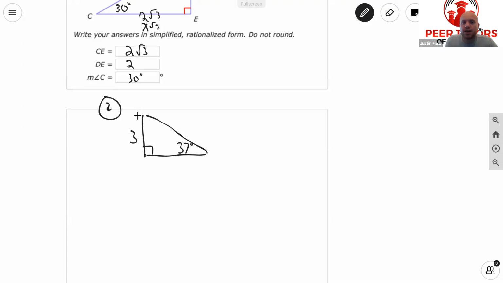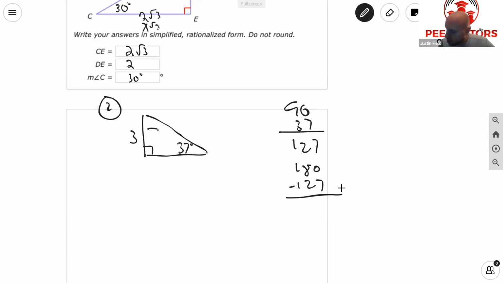So let's start by getting the 1 missing angle. I'm going to add 90 and 37. 127, subtract from 180, and 180 minus 127 is 53. All right, so that's 53.